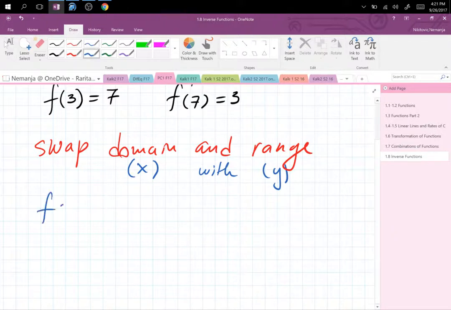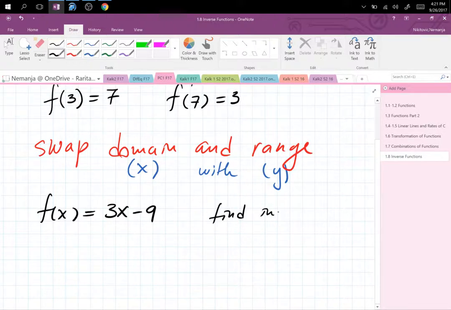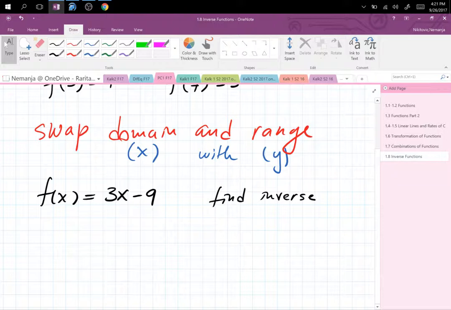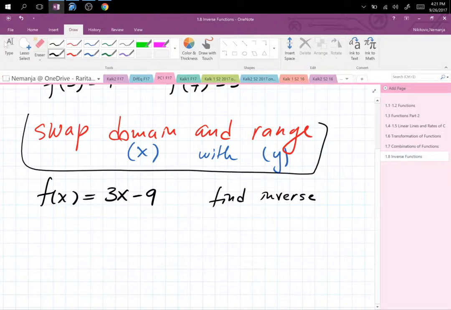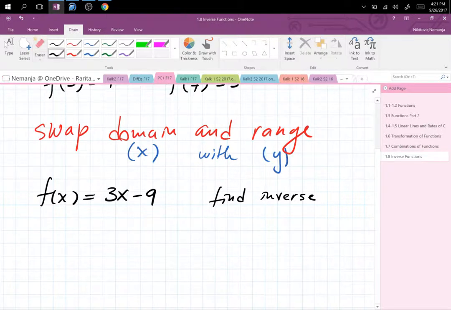So say that your f of x is 3x minus 9. Your job is to find the inverse. Well, over here is stated exactly what you must do.